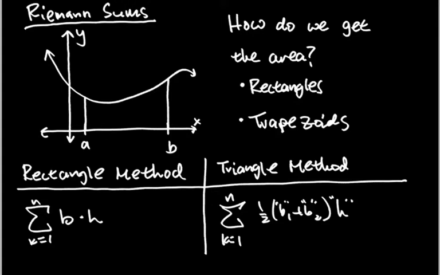What you can do is get a bunch of rectangles like this, and then find the area of those rectangles. Or you can do something similar, but with, I should use a different color, trapezoids, which you can see is a little bit closer, but still an approximation.